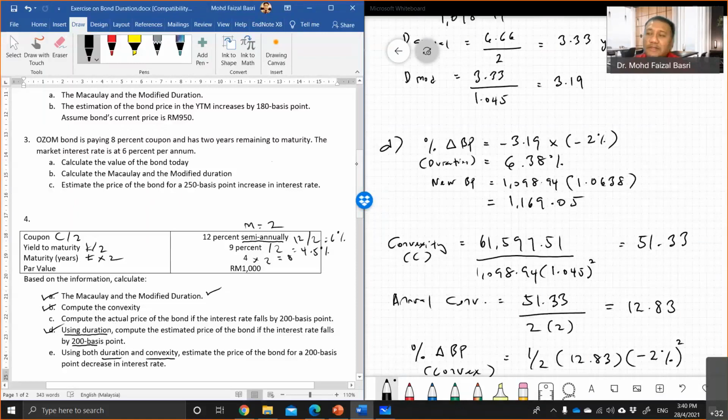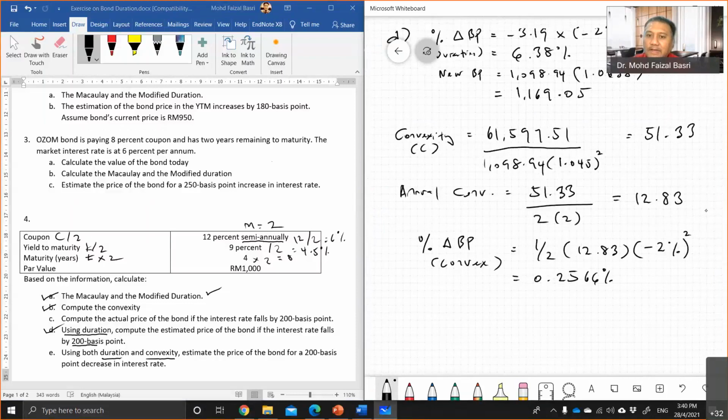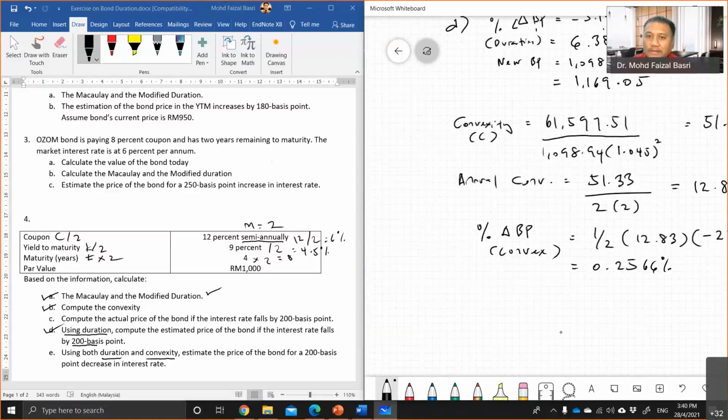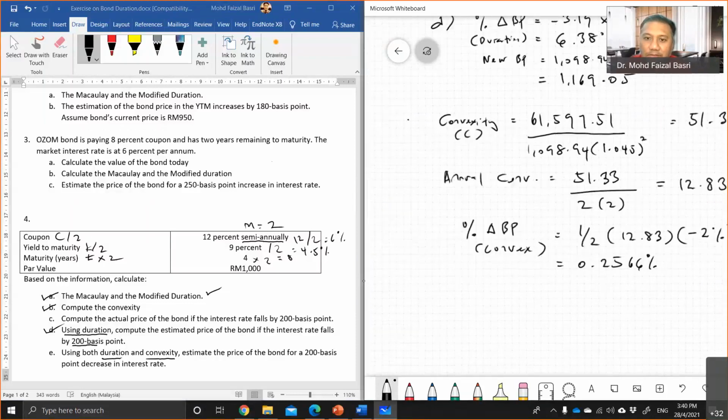Remember, convexity is just an extension, a small adjustment to the estimation. So usually they will ask us to combine the duration that we've done before together with the convexity. What does this mean? We've done the hard part, which is B actually.